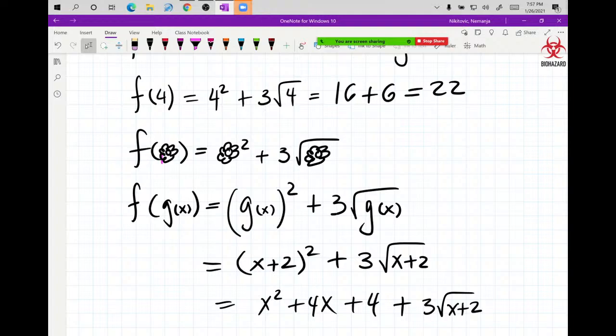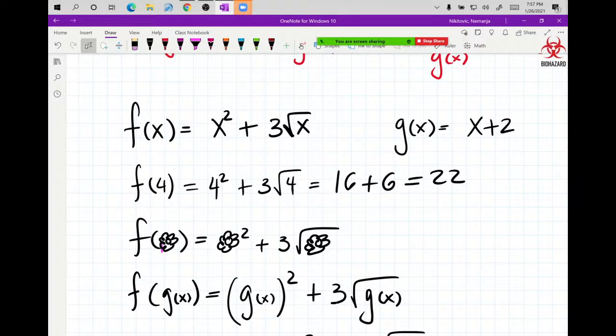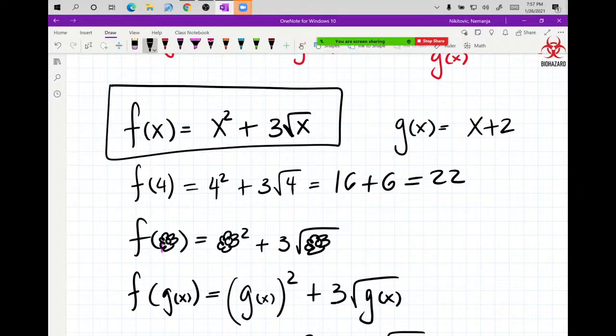All right. So we have this very systematic procedure here that no matter what function is given to you, I don't want to talk about x squared and 3 root x. I want to talk about every function that you will ever see.